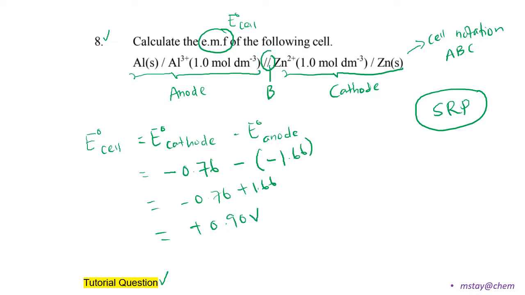Since this is a positive cell potential, this reaction is spontaneous. It means that when you connect aluminium at the anode and zinc at the cathode, they will produce electricity with a voltage of 0.90 volt.